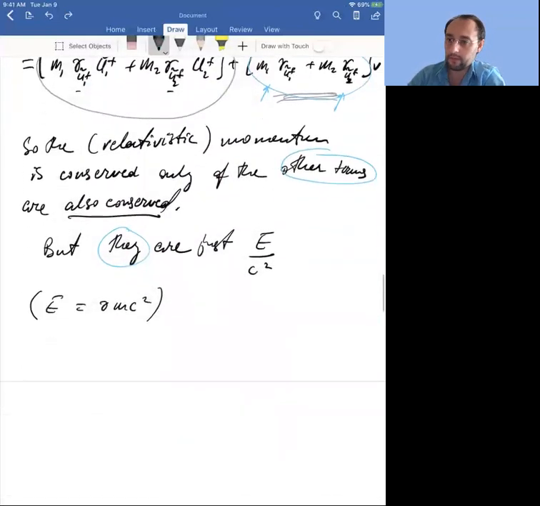So we learn that in relativity, energy and momentum have to be conserved together. In regular physics, if you have an elastic collision, the kinetic energy of that system will be conserved if it's an isolated system.